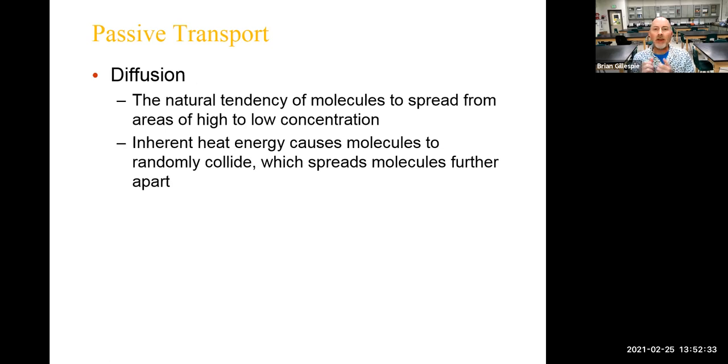And just about anything that we encounter here on Earth has heat energy in it. Even if it's cold and frozen, like ice, although the molecules in ice are at the freezing point, there's still enough heat energy in ice that the molecules are very slightly vibrating against one another.